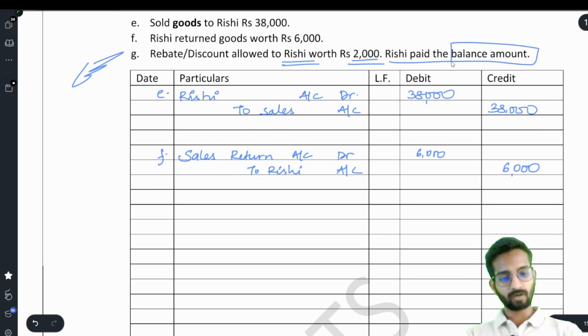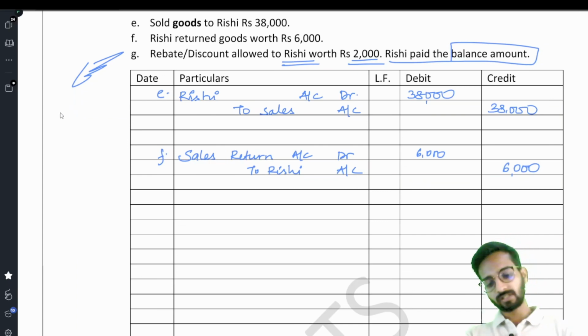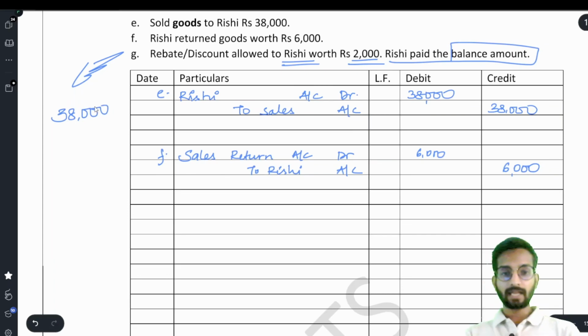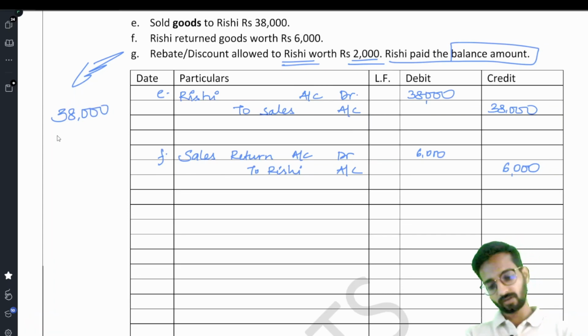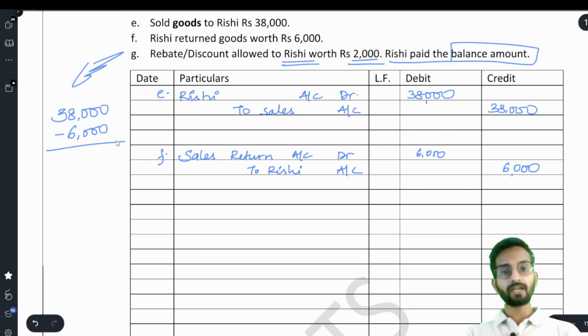the balance amount. It means what? Now understand. For how much worth goods did I sell to Rishi? You will say, sir, you sold him 38,000 rupees goods. Okay. He has returned me some goods back. How much worth? It was 6,000. So I told Rishi, pay me 32,000 rupees. But what have we written? We have allowed him a discount.